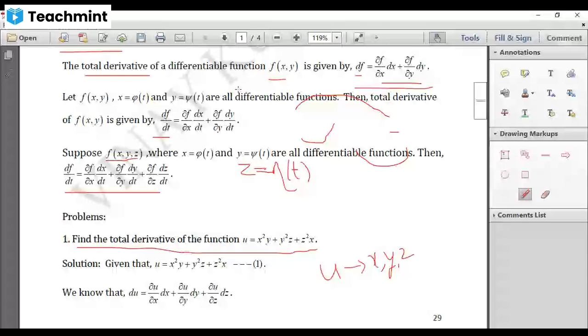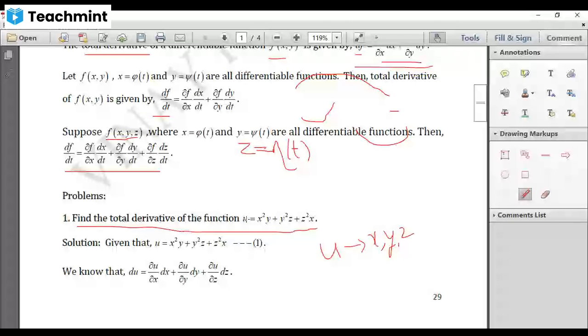That is the total derivative or total differential of the given function. So your function is u. Therefore, du is equal to dou u by dou x into dx plus dou u by dou y into dy plus dou u by dou z into dz. That gives you the total derivative.